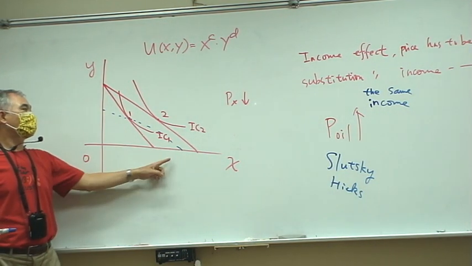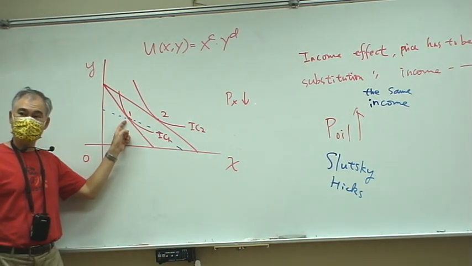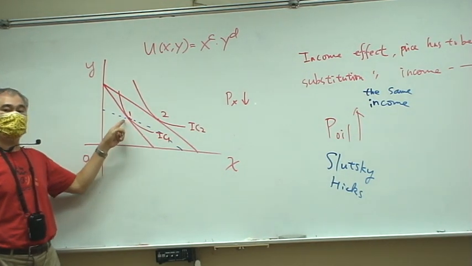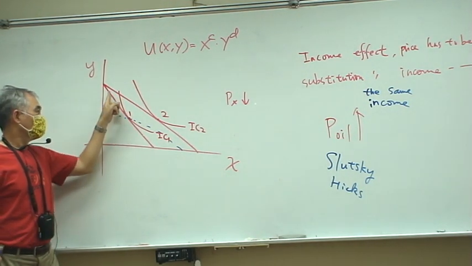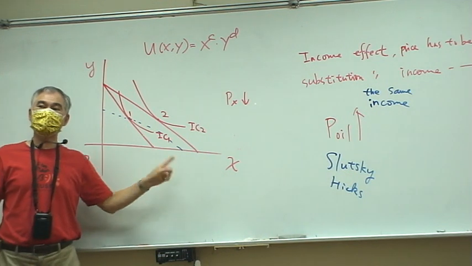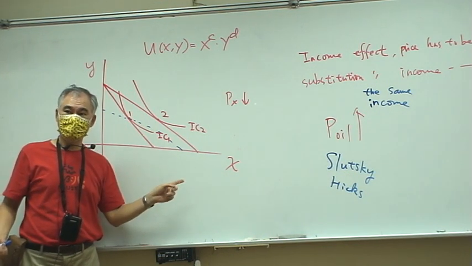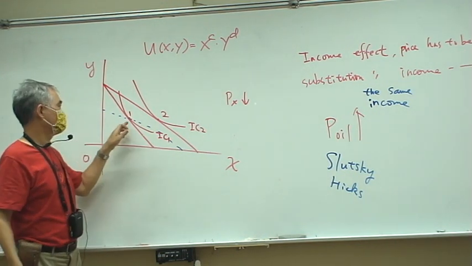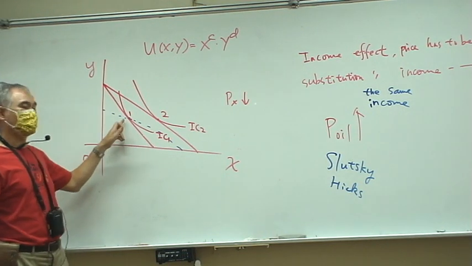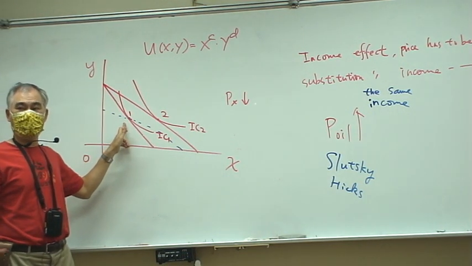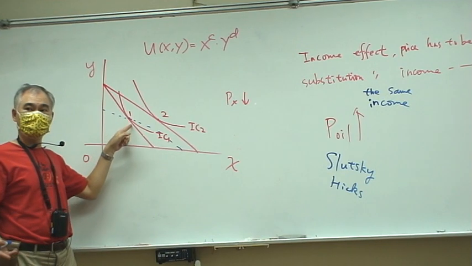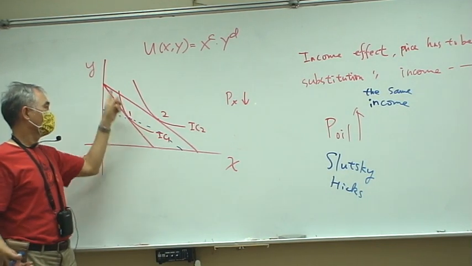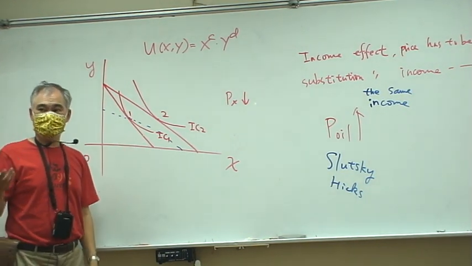At this budget line, I can also purchase point 1, right? So that means I can purchase the original bundle. So this line and this line will be at the same income level. It makes sense because I can purchase this, and here I can purchase this. So supposedly, I can afford to buy point 1, here or here. That would be the same income level.